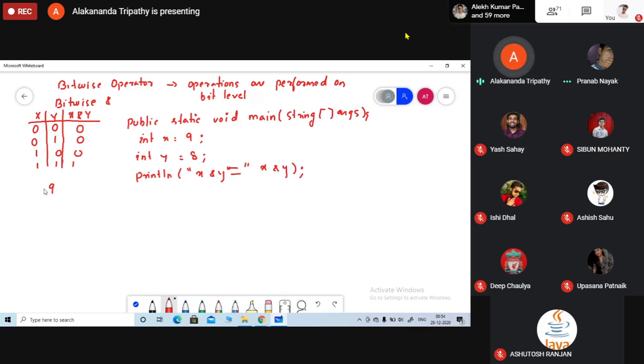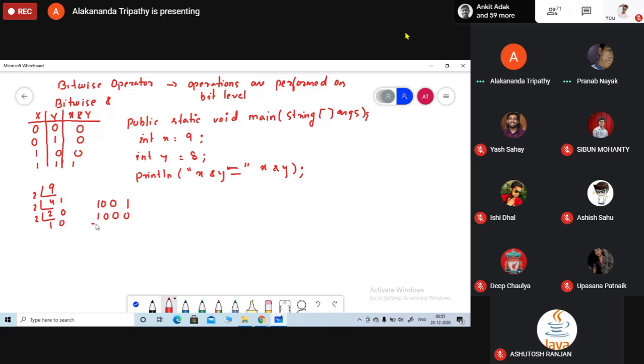So what is the binary of 9? 1001. Those who can't find it, you can go with the way I am doing. Binary of 9 is 1001, binary of 8 is 1000.